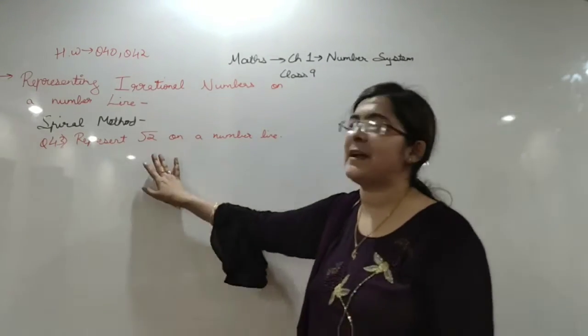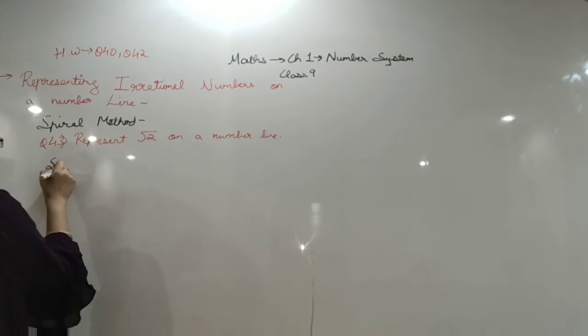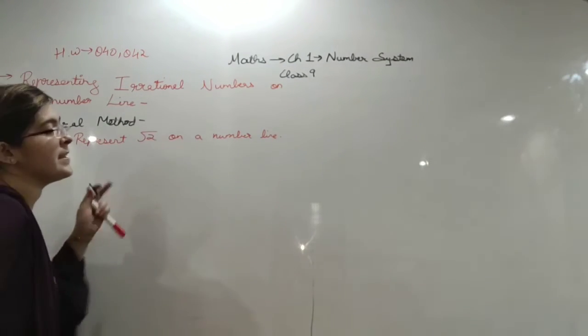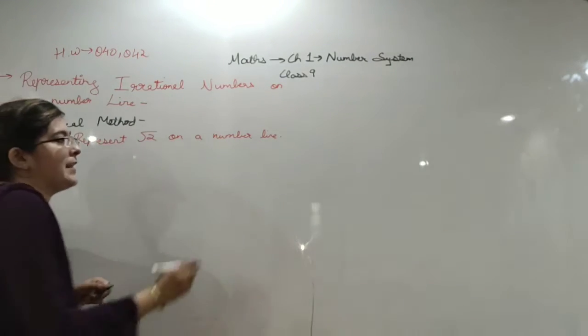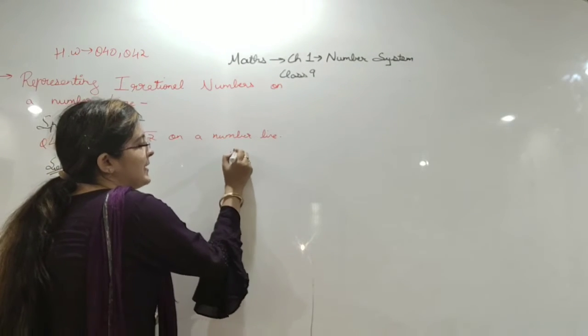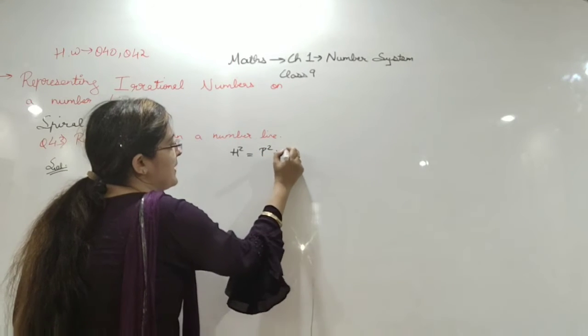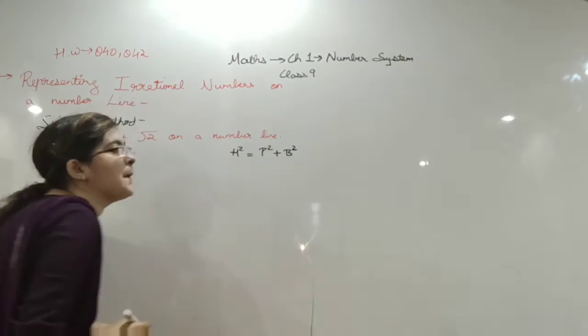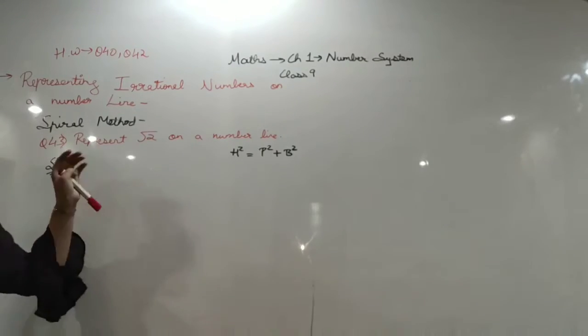So our first method is this. First of all, look at the steps here carefully. For this you have to remember the Pythagoras theorem, students. On the right hand side, first write the Pythagoras theorem, which says hypotenuse square is perpendicular square plus base square. It is also very important from your exam point of view.